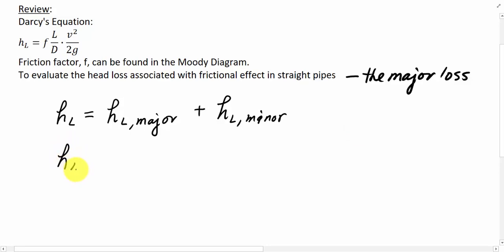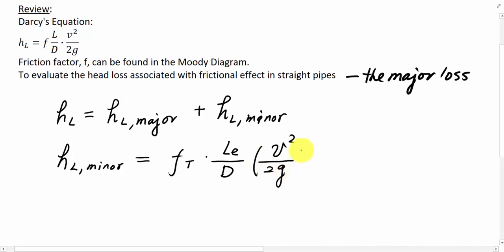So the HL minor, for the case like in the bends and valves and fittings, we write as Ft times Le over D, and then V squared over 2g. So it's very similar to Darcy's equation, and the only difference is this Ft number and this Le number here.